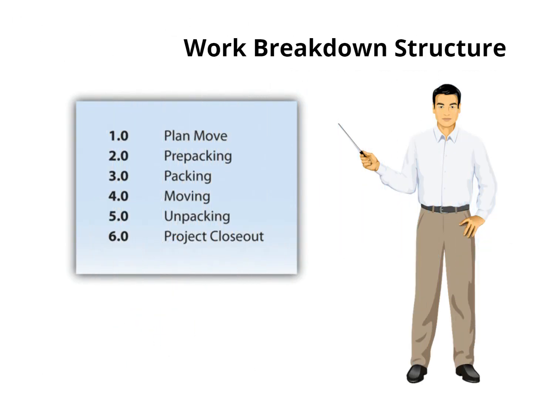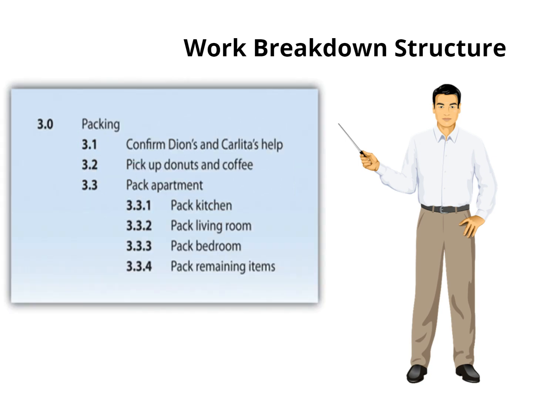One of John's summary-level activities is packing, 3.0. The activity is then decomposed, broken down into smaller units, to the next level by listing the tasks needed to accomplish that step, as shown in Figure 8.2. The first subdivision of activities is listed as 3.1, 3.2, and 3.3.